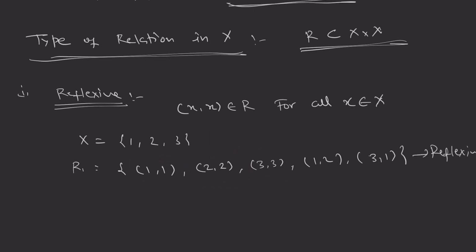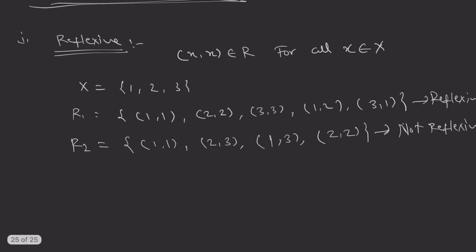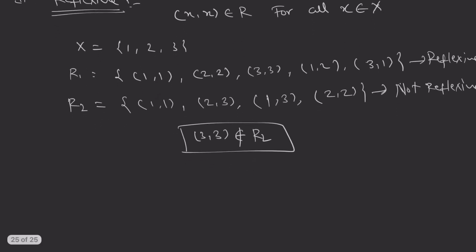Now let R2 be {(1,1), (2,3), (1,3), (2,2)}. Is this a reflexive relation? Not reflexive. Why? Because (3,3) doesn't belong to R2. That's why it is not a reflexive relation.